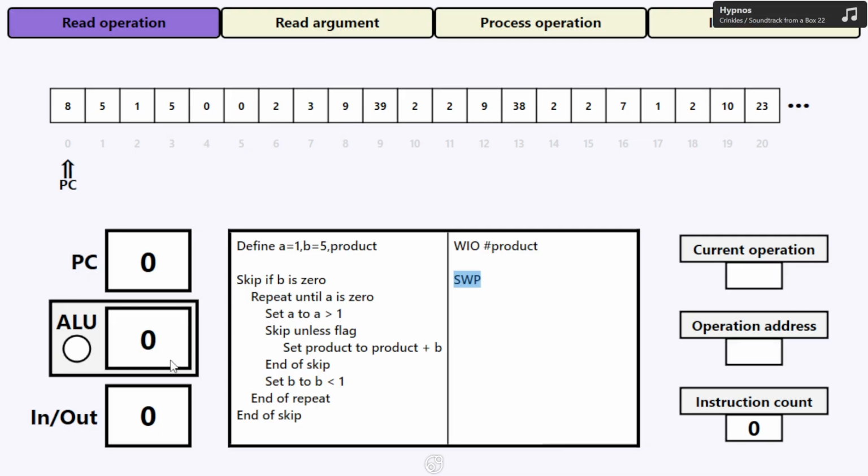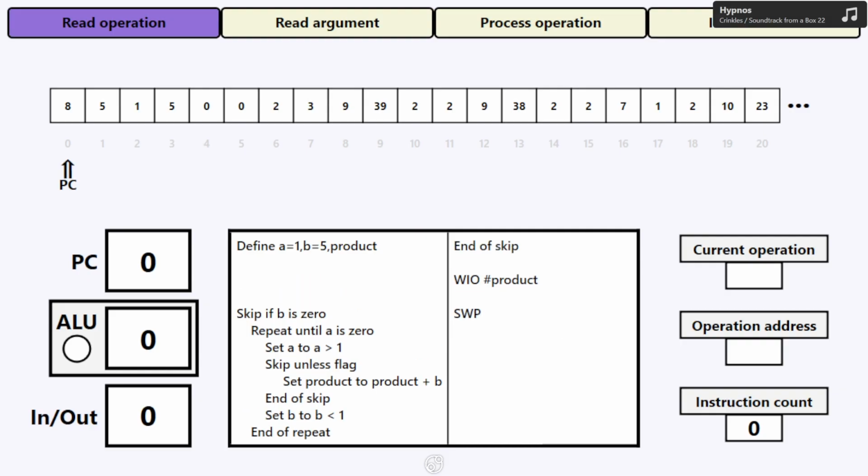So whatever value was put in the accumulator is now the new program counter pointing to the next instruction, like a jump. But at the same time, the previous value of the program counter is now in the accumulator. And once it's in there, we can manipulate it and we can save it.